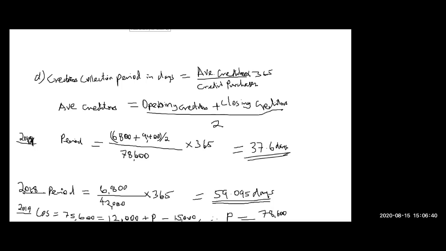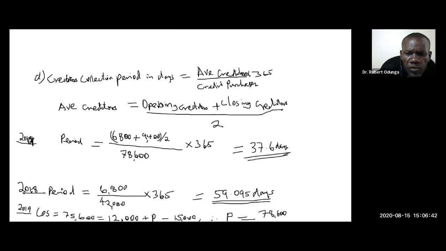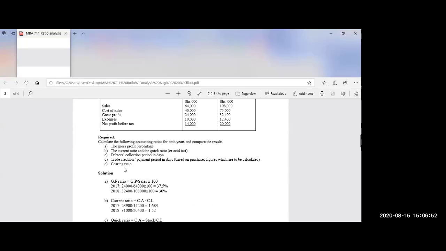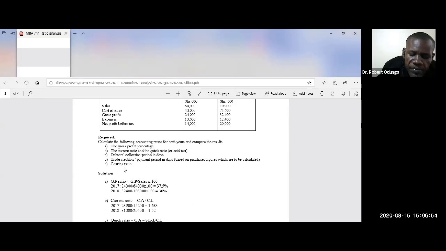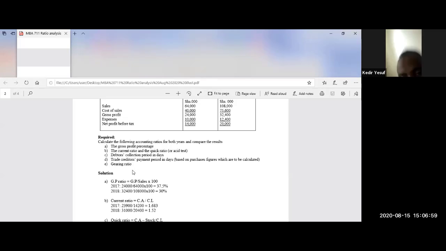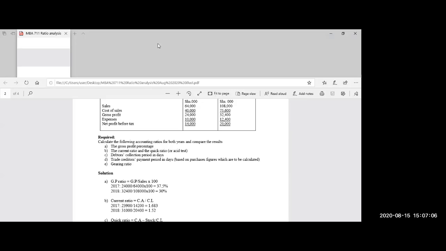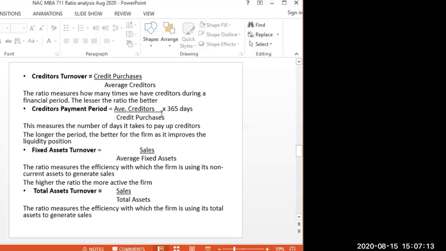Now, if there's no question, we go to the next question, which is asking us to prepare the gearing ratio. As we saw, we can compute several ratios: activity ratios, gearing ratios.